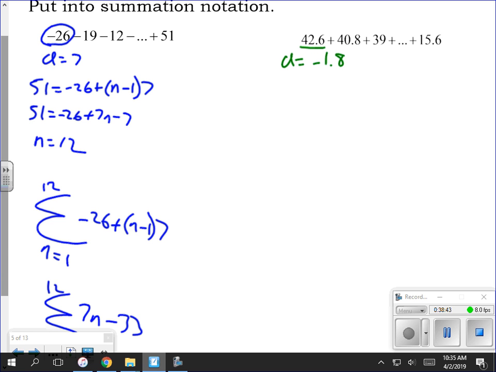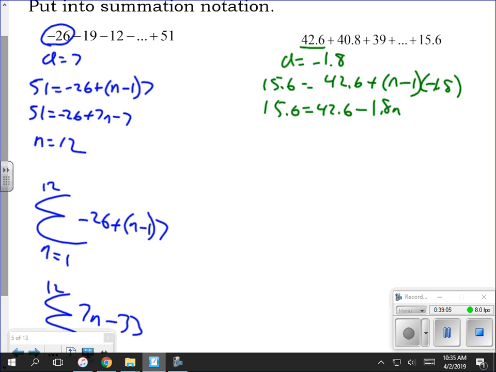I need to solve for N. So I take my last term, 15.6, is equal to my first term, 42.6, plus N minus 1 times negative 1.8. 15.6 equals 42.6 minus 1.8 N plus 1.8.